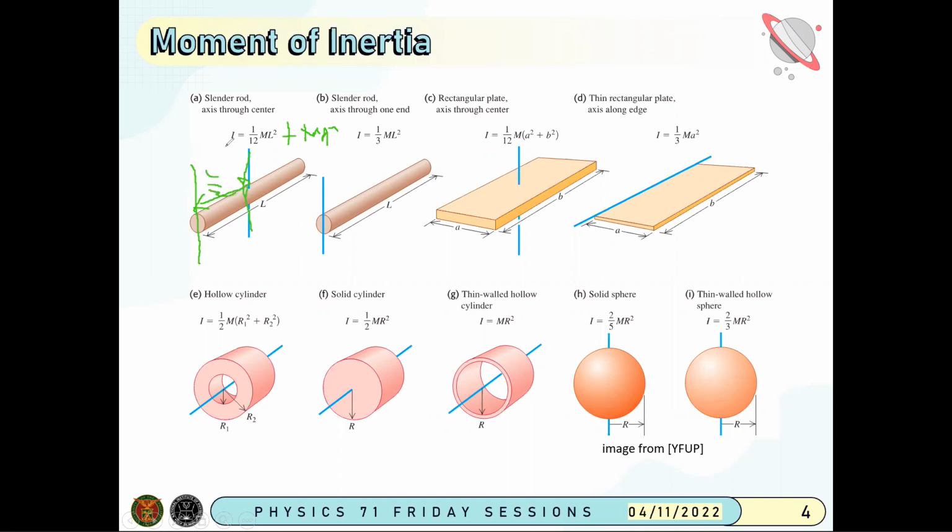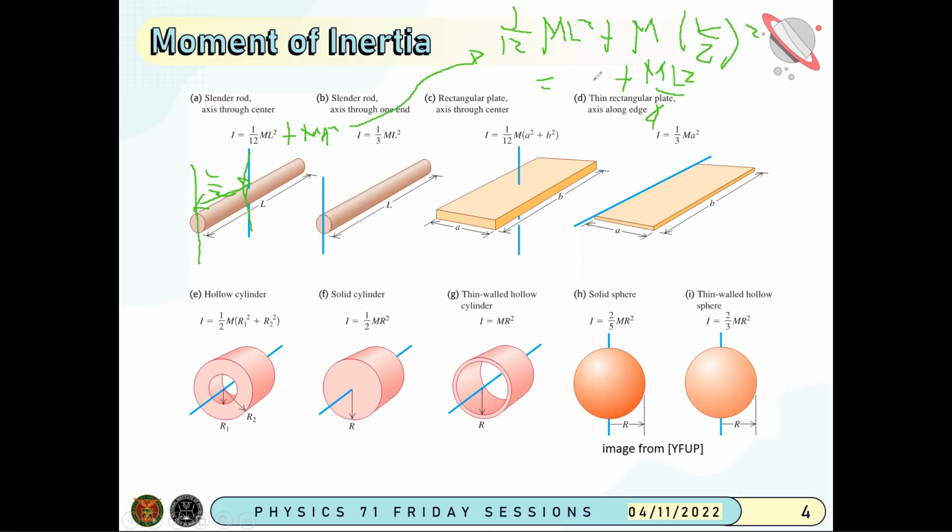So magkakaroon ka na ng 1/12 ML squared plus, hindi na pala homework kasi sinagot mo, d, which is L over 2 squared, equals 1/12 plus, ito magiging ML squared over 4.